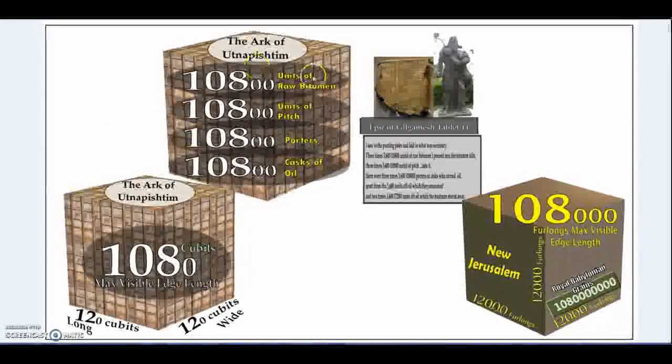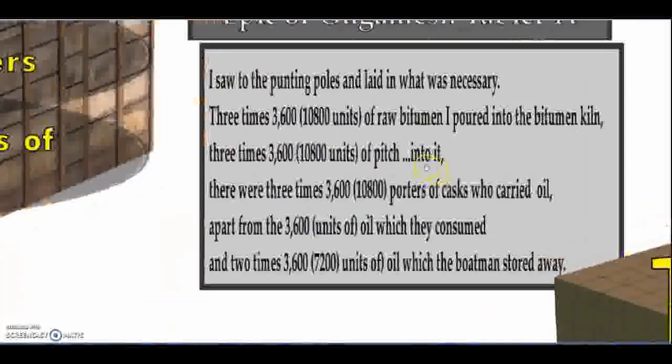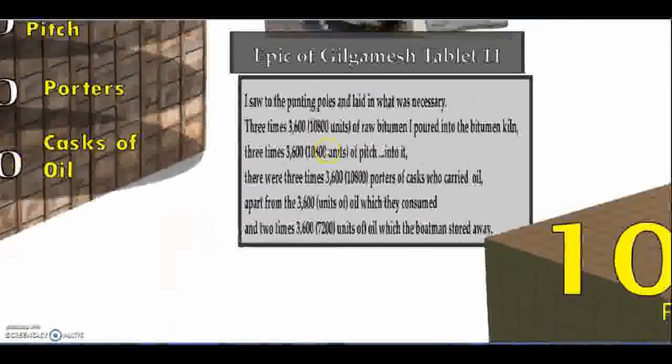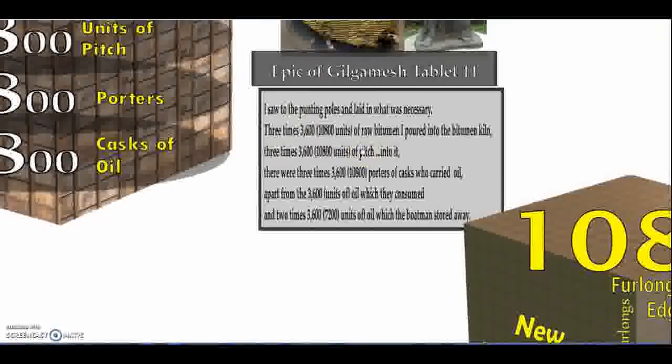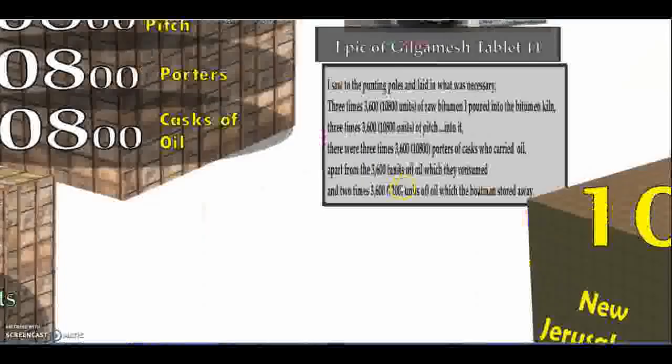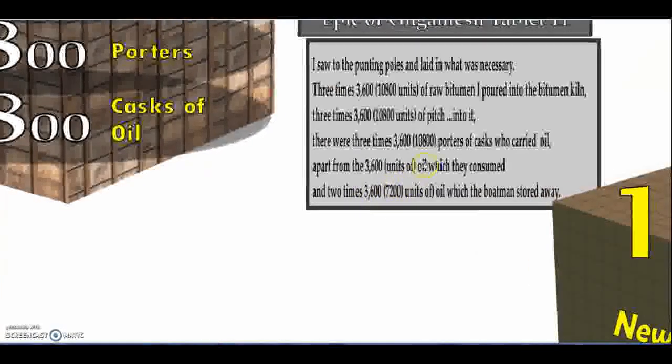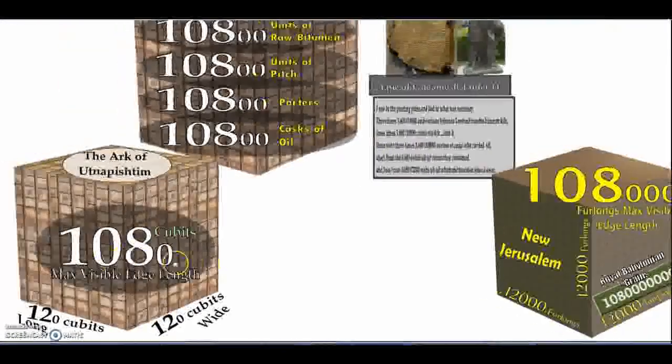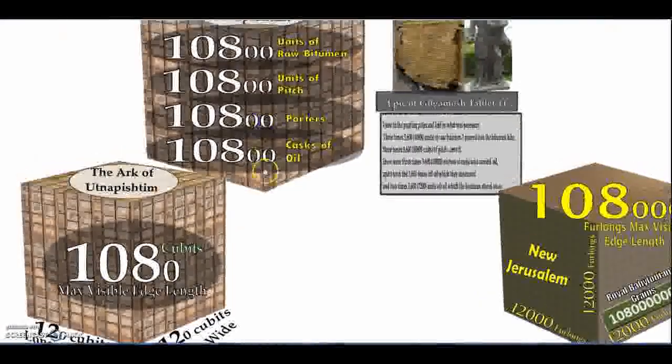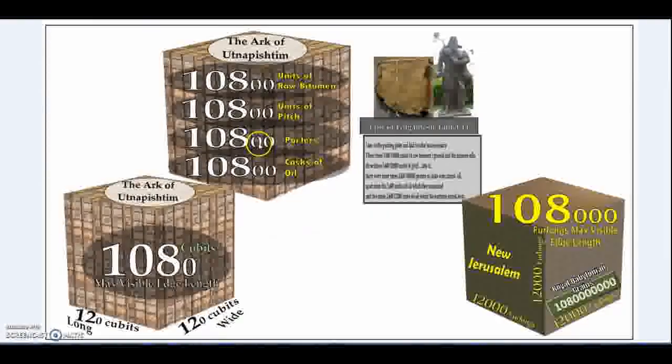But throughout the descriptions of the Epic of Gilgamesh, from the size to the elements, how much pitch and bitumen was put into the construction, even how much oil was stored on board, the descriptions are 108, 108, it's just repeated consistently.